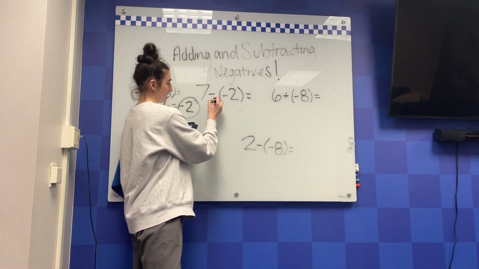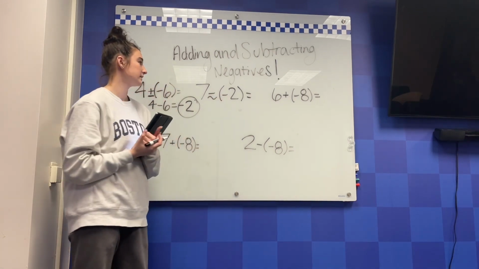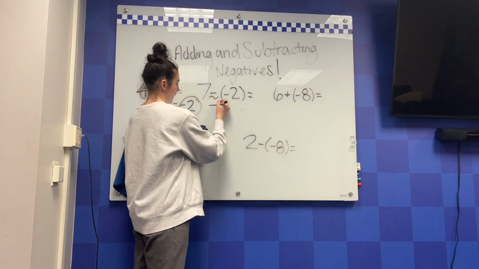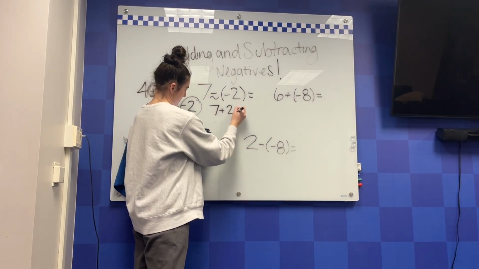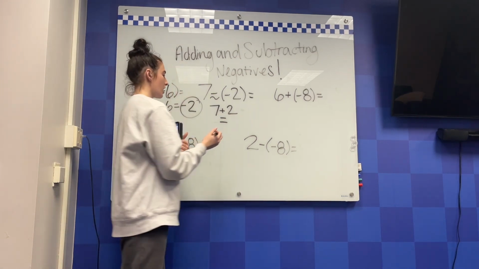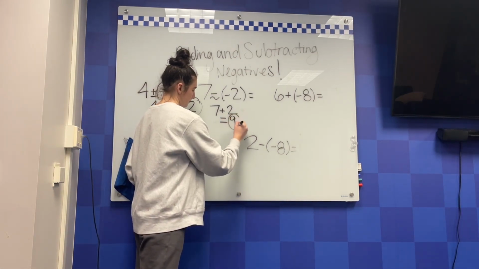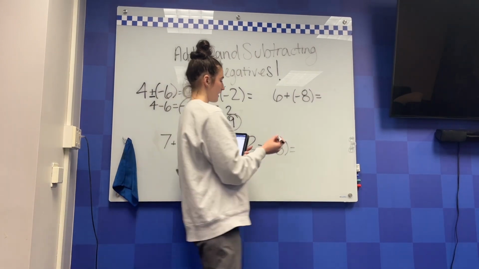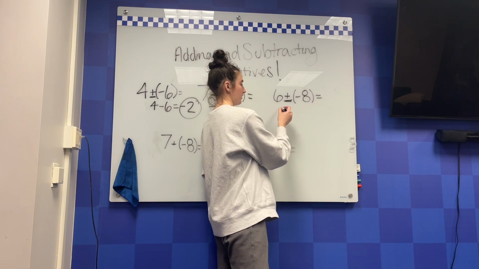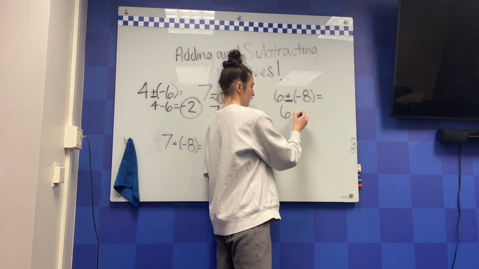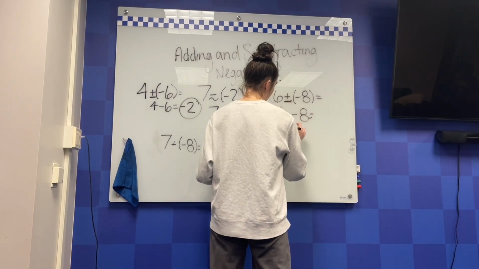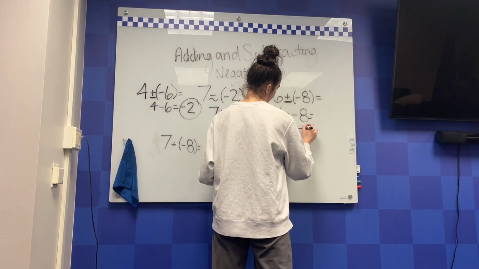All right, so then again for this one, it is subtracting. So we're going to add. And the answer would be, awesome. And then again here we have addition. So we're going to subtract. And the answer is -2.